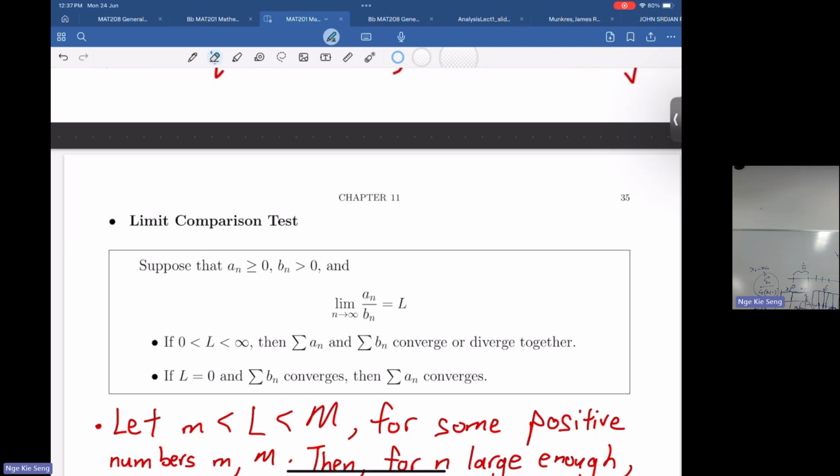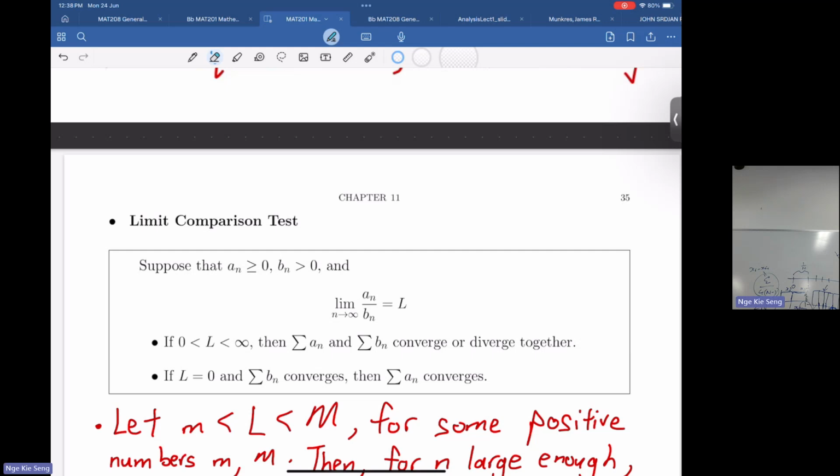Both An and Bn are positive. So the infimum of positive numbers is what? You can only get 0. You cannot get negative, because negative and 0 still have some distance, but you don't have negative numbers to achieve that. So you won't get the case less than 0. But it's a good question.